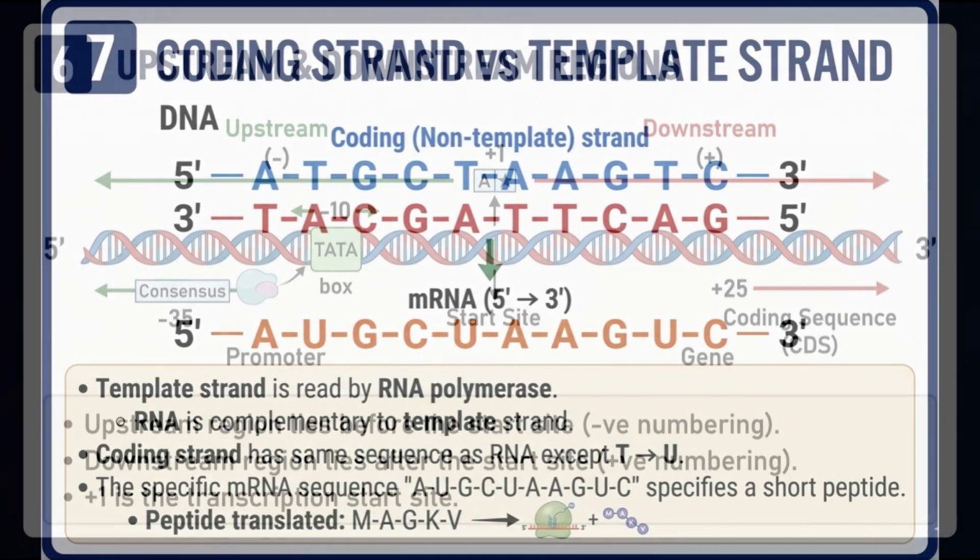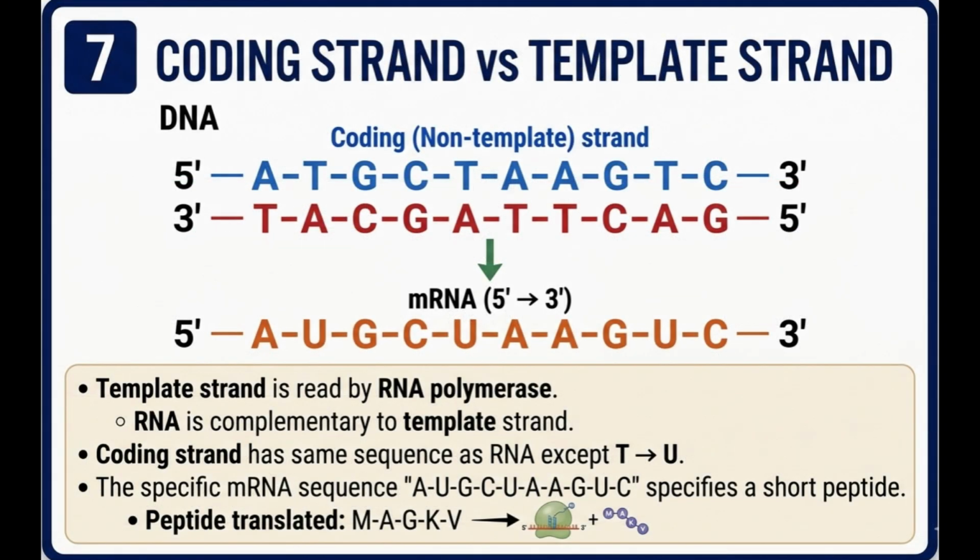Coding strand versus template strand. DNA contains two antiparallel strands. During transcription, only one strand serves as the template strand. RNA polymerase reads the template strand in the 3' to 5' direction and synthesizes RNA in the 5' to 3' direction. The RNA sequence is complementary to the template strand.